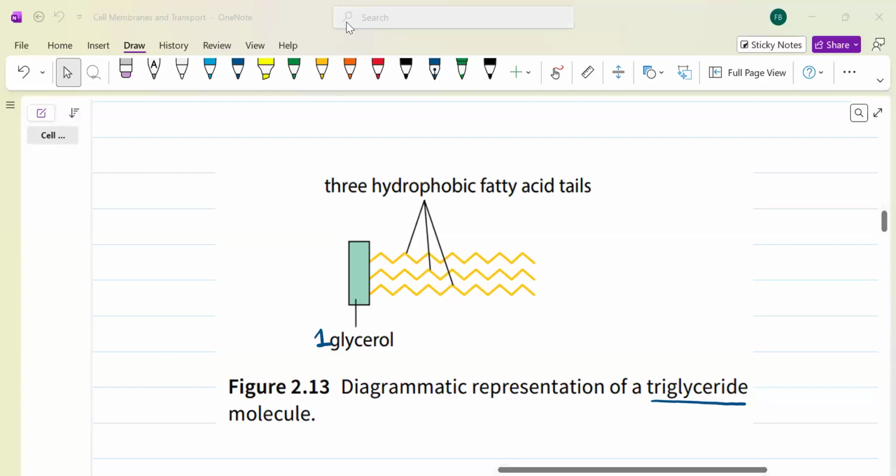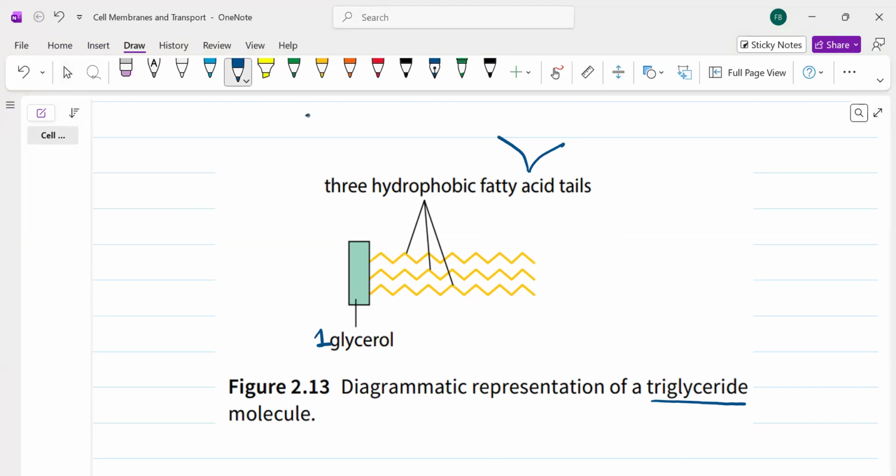Okay. So I was telling you that there is one glycerol molecule and three fatty acid chains, and these are hydrophobic in nature. And we have discussed in detail there are two kinds of fatty acid chains. What are those? Saturated and unsaturated. Yes.